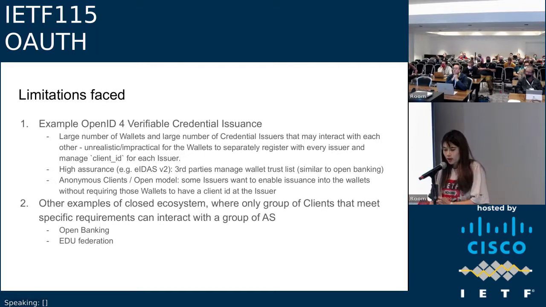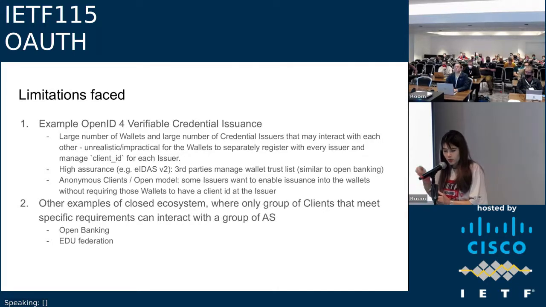And again, the feedback is the same: we don't want to manage a client ID for each authorization server separately. So this is partially what we started calling anonymous clients. Maybe not the best term, but that's what we mean: when the client, the relying party, comes in previously unknown to the authorization server. So it's bringing in a client ID which the authorization server has not issued itself, and maybe it's not pre-registered per section 2.